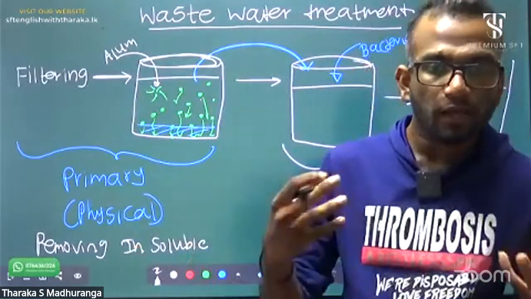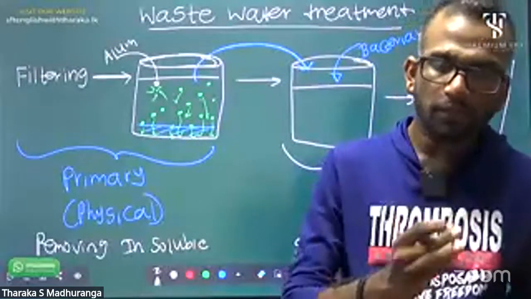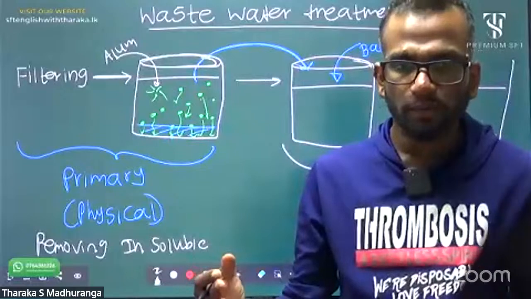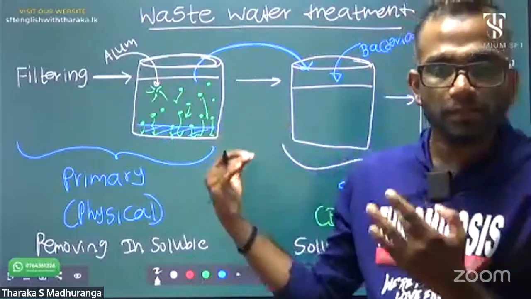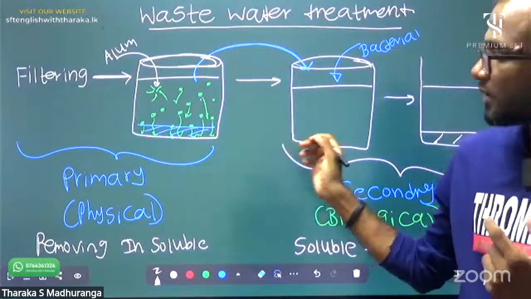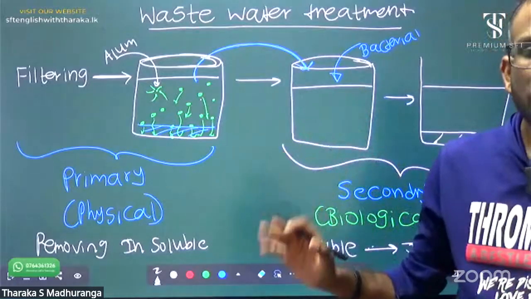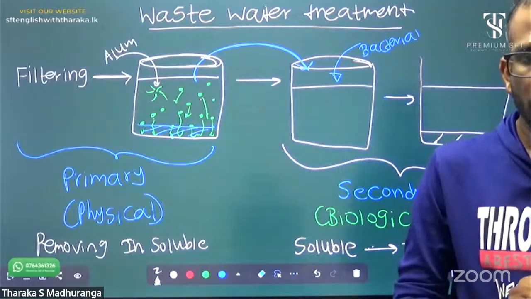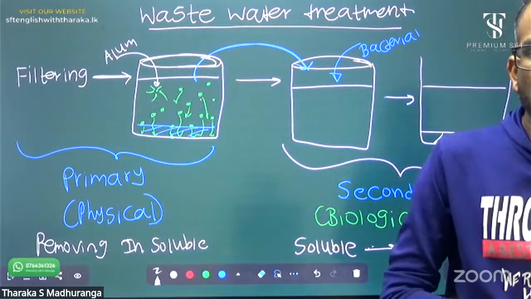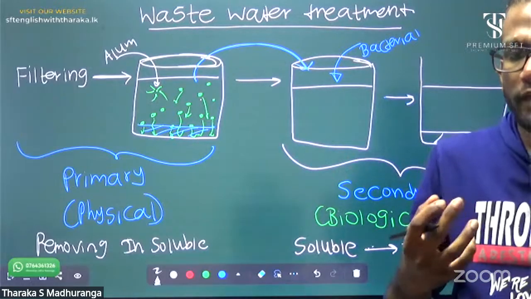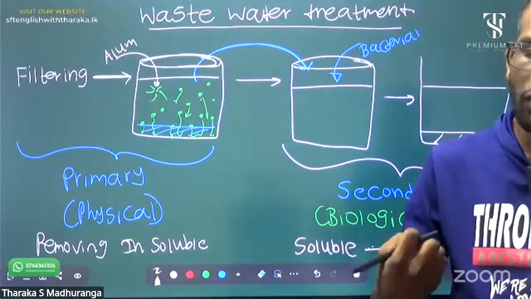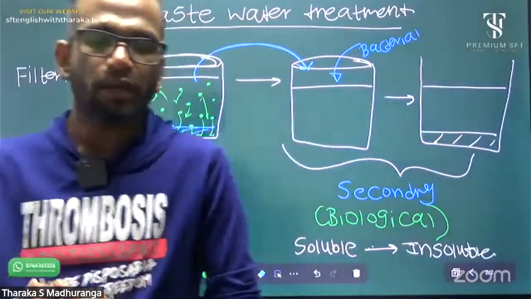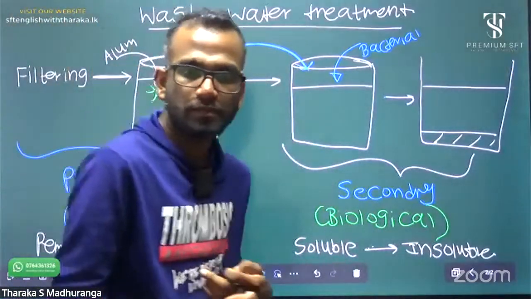In the secondary biological activation, soluble compounds convert into insoluble compounds. In the secondary precipitation, the soluble compounds are also removed by precipitation. Okay, now the organic compound content of the water is very low, not zero, but very low compared to the initial wastewater.